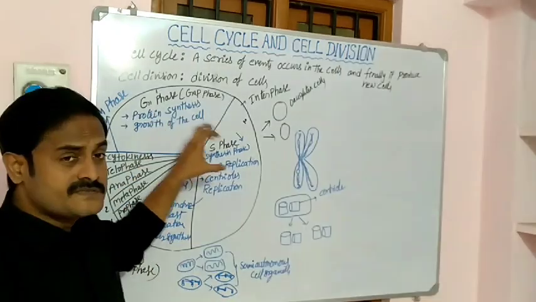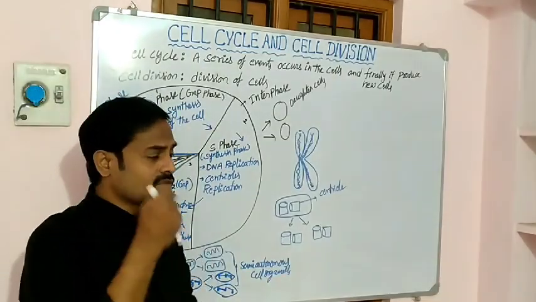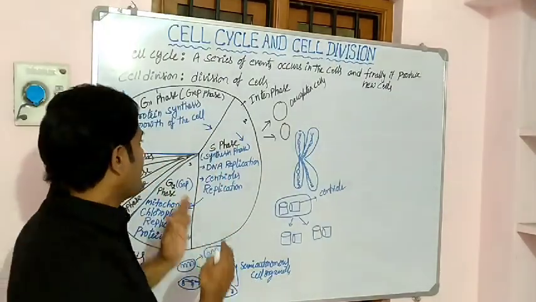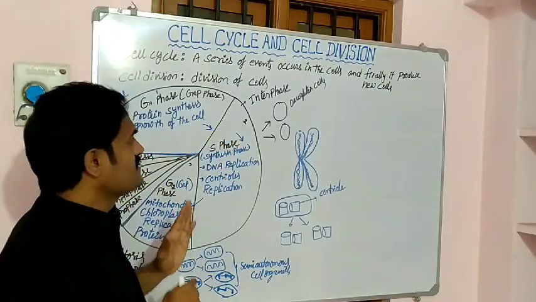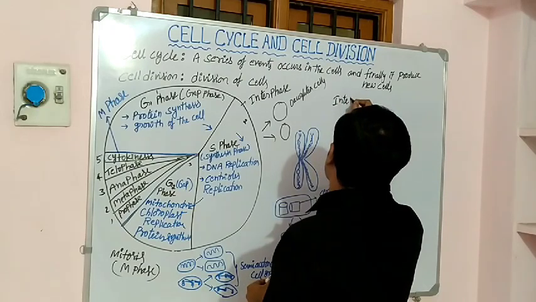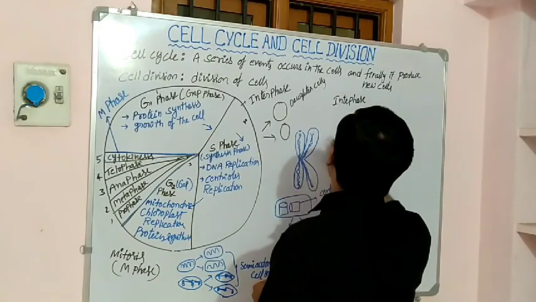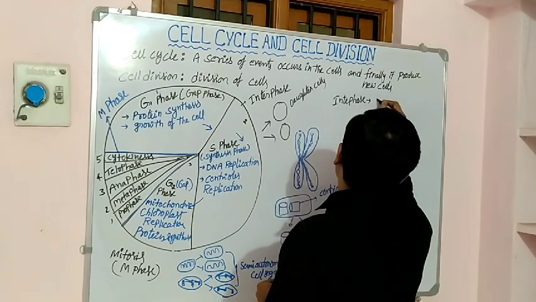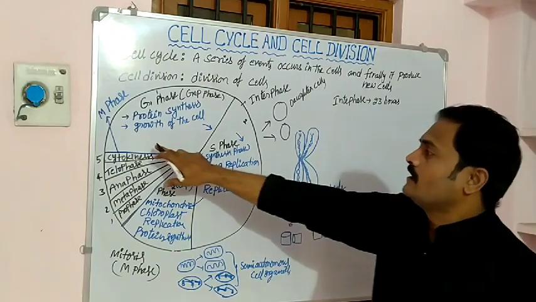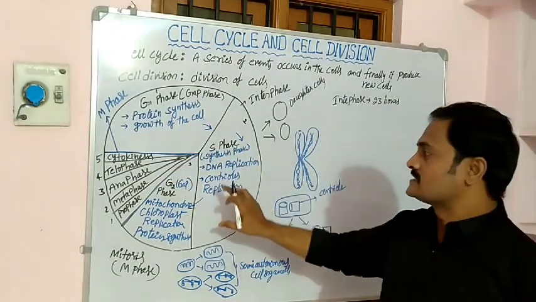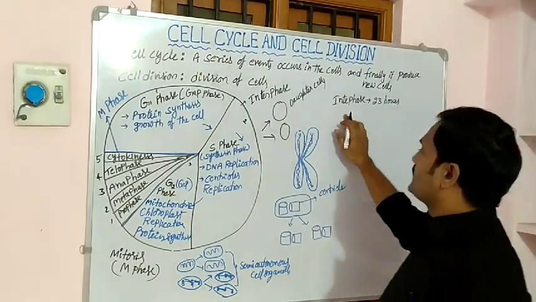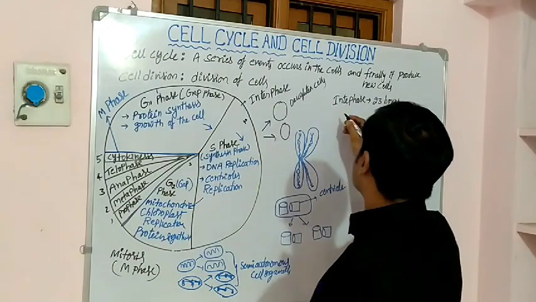Okay, when we observe the human cell cycle, if you take one human cell, how much time does the whole process take, interphase and M phase? When we observe the interphase, it takes nearly 23 hours to complete. And then the remaining second phase is called what?